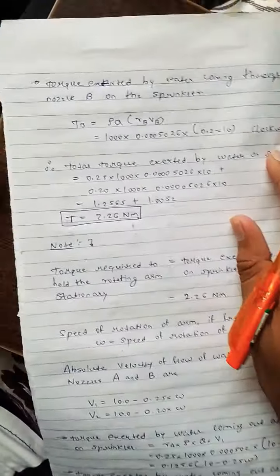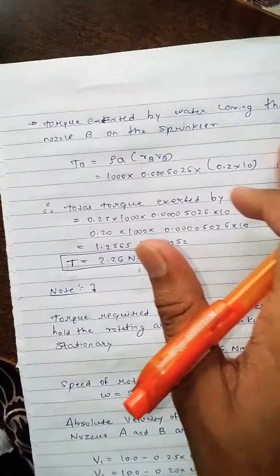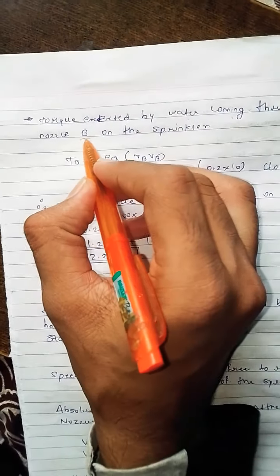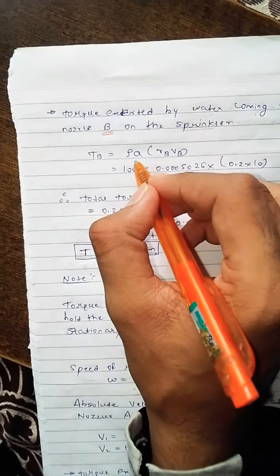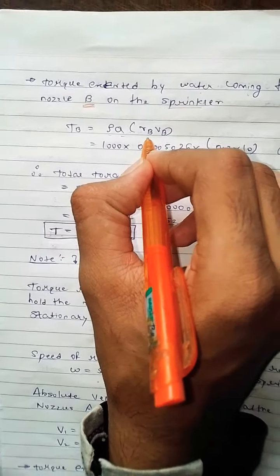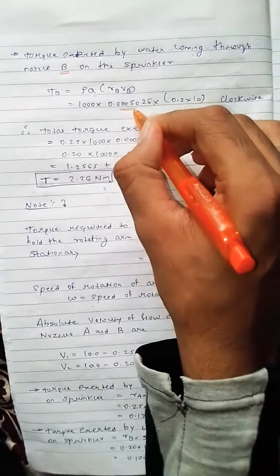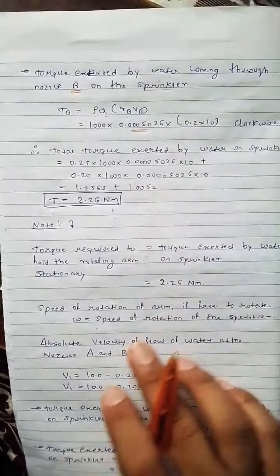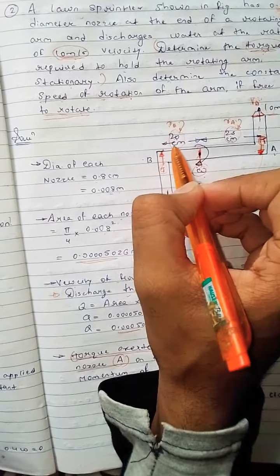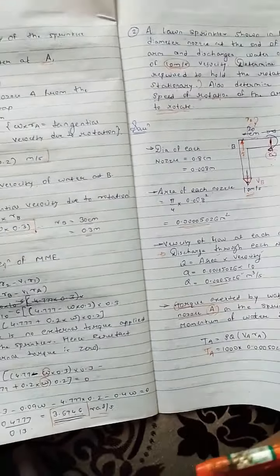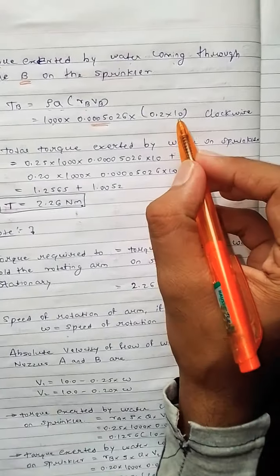Similarly, if we have to calculate the torque exerted by the water coming through the nozzle B on this sprinkler, then it will be rho Q VB RB, correct? So rho is 1000. We have calculated the value of Q, into RB. RB is 20 centimeter, which in meter is 0.2 meter, into VB.